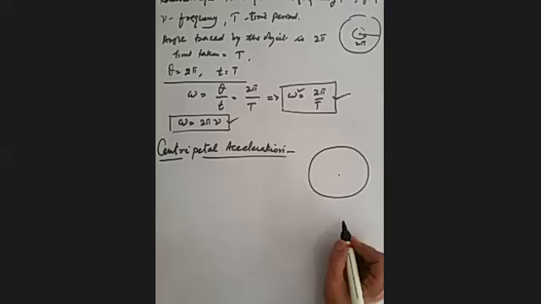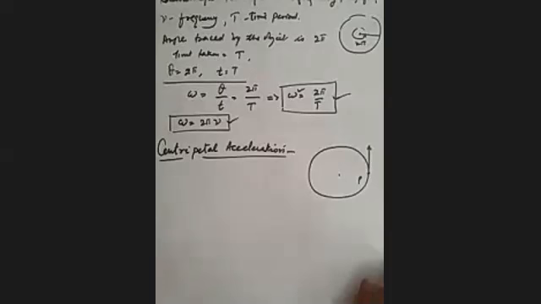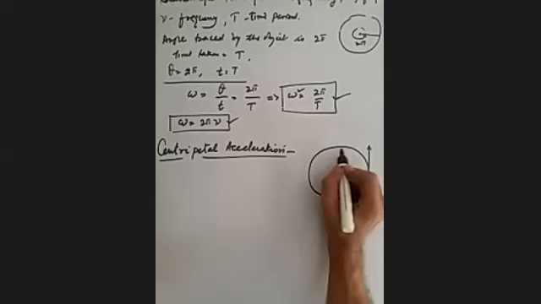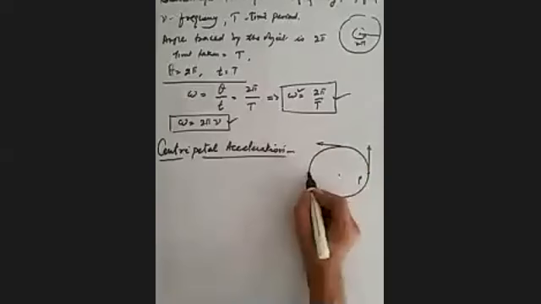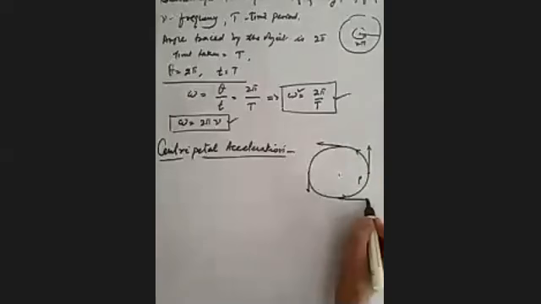So it will be in this direction. And when the position of the object changes, the direction of the velocity vector also changes. So at different positions, the direction of velocity vector is different, though the particle is moving with uniform speed.